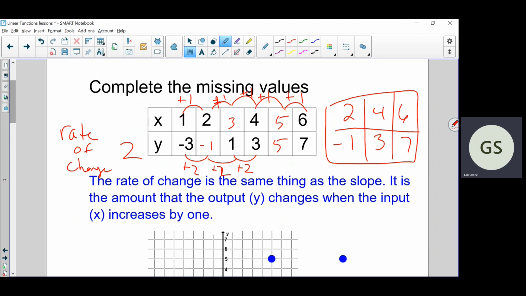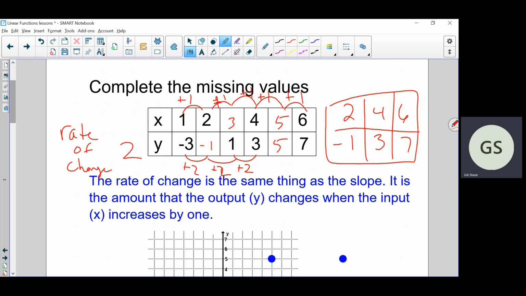If you have a horizontal table, going left to right, I labeled the x's and y's in this one, so you knew x's were on top. Sometimes they may not label it x and they may not label it y, like I'm going to show you in a minute. The x values are always the top values. You don't have to try to figure it out. They just put the x's on top, the y values on the bottom. Input on top, output on bottom.